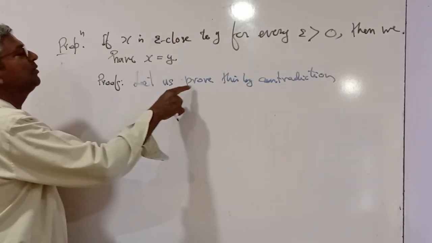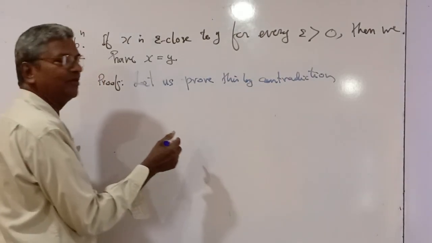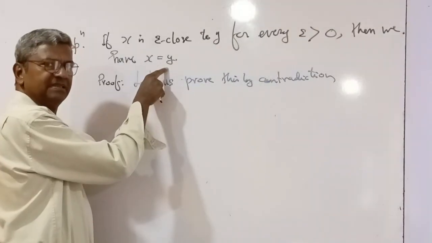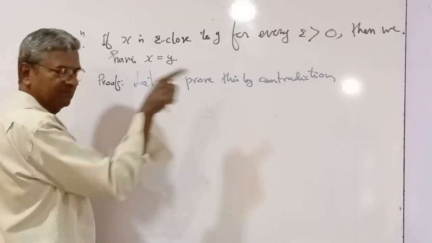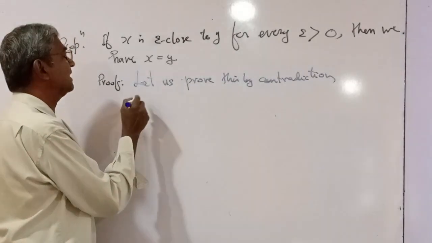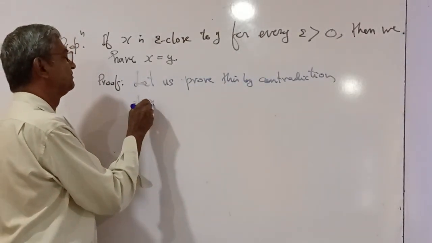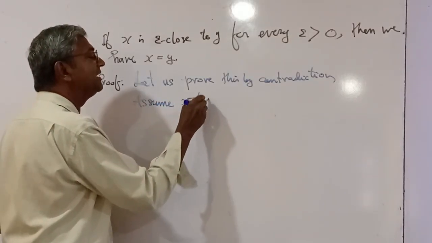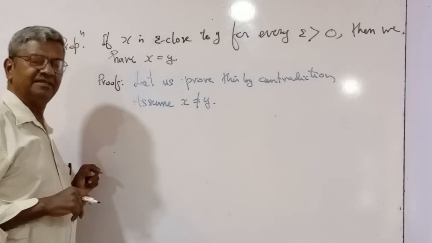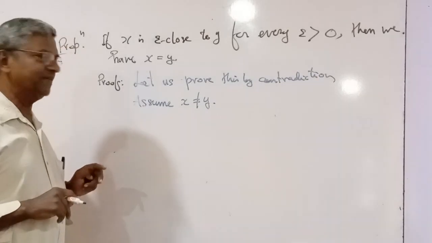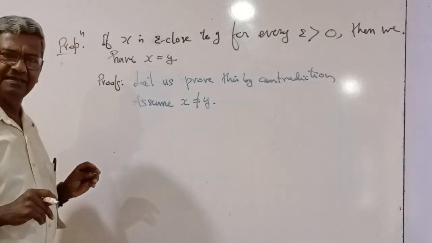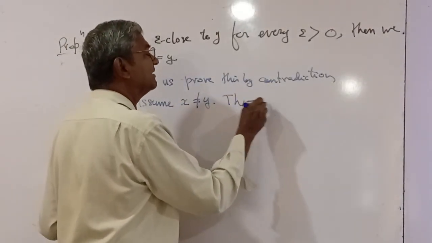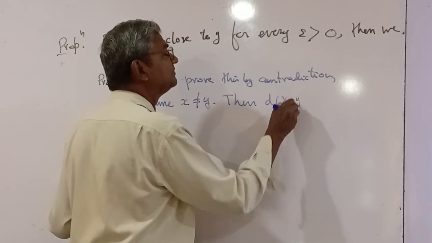So, if you want to prove this by contradiction, you need to assume x is not equal to y. If x is not equal to y, then dxy is strictly greater than 0.